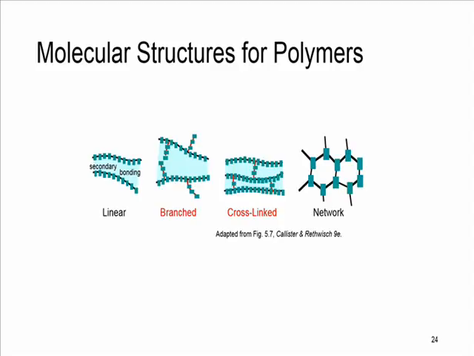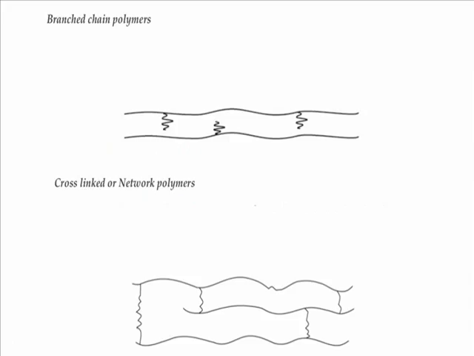Items such as linear polymers, branching, and cross-link, as you can see here. If polymer chains contain linear chains having some branches, these are called branching polymers. An example is low density polyethylene.